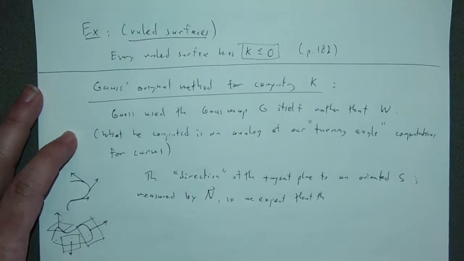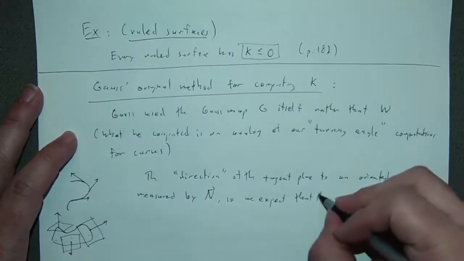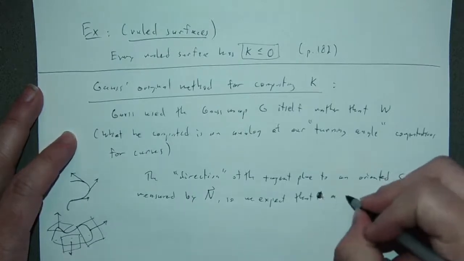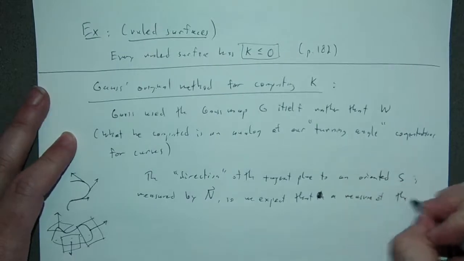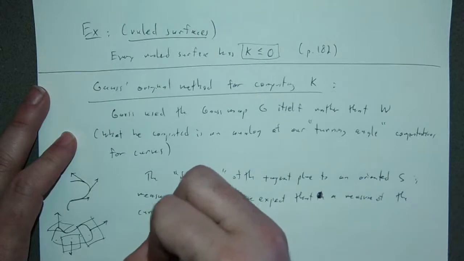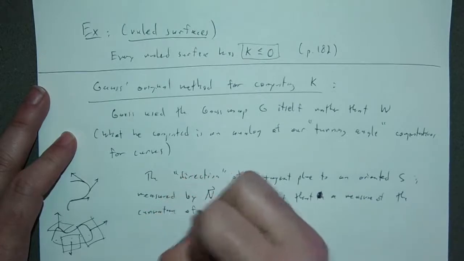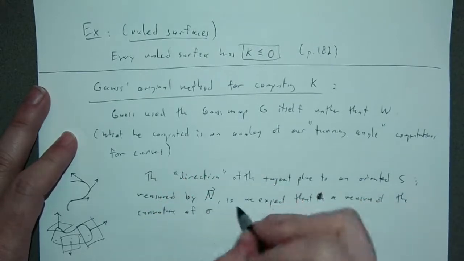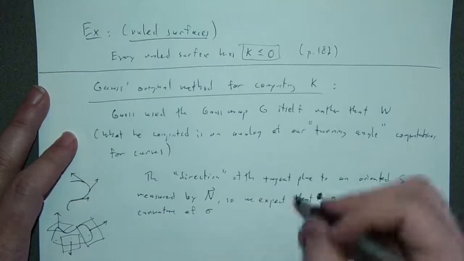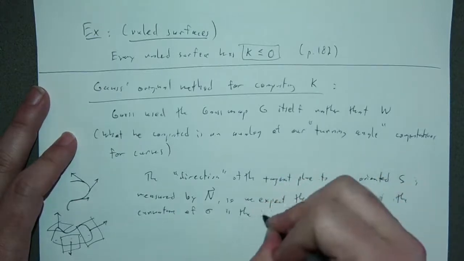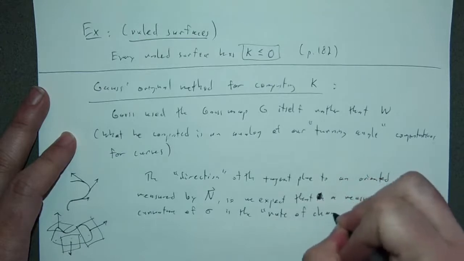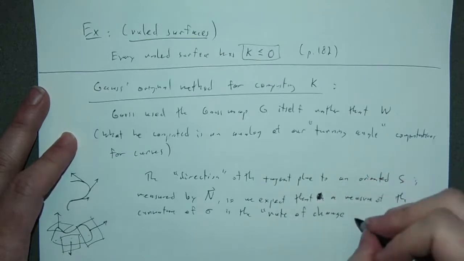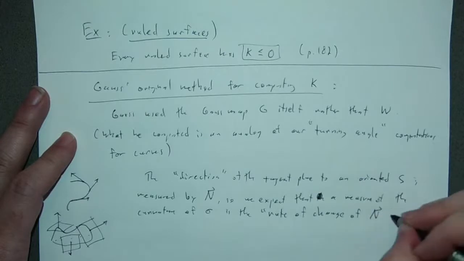So we expect that not the measure, but a measure of the curvature of, let's say I'm dealing with a surface patch sigma for S, is the rate of change of the normal vector per unit area.